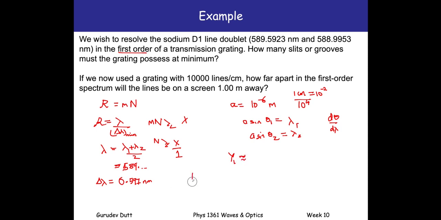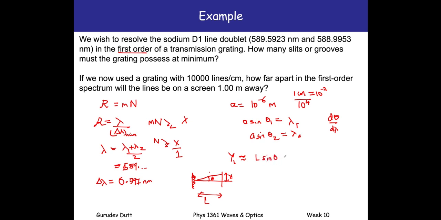So remember the grating, let's say the grating is set up over here, and there is a screen which is 1 meter away. Then if the angle is theta relative to the normal, and I call this distance L and this y, then y1 is approximately L tan theta, and L tan theta is approximately the same as L sine theta.